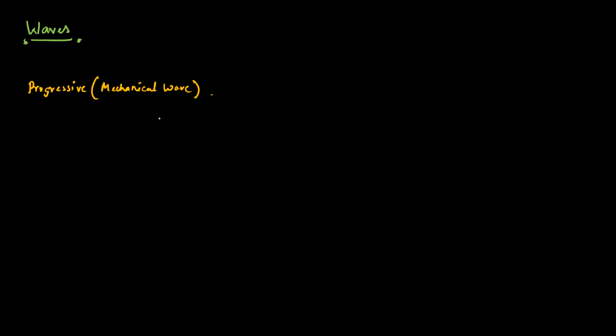What is such a progressive wave? It can be defined as a continuous propagation of disturbance. If there is a continuous disturbance, then we'll be getting a progressive wave.